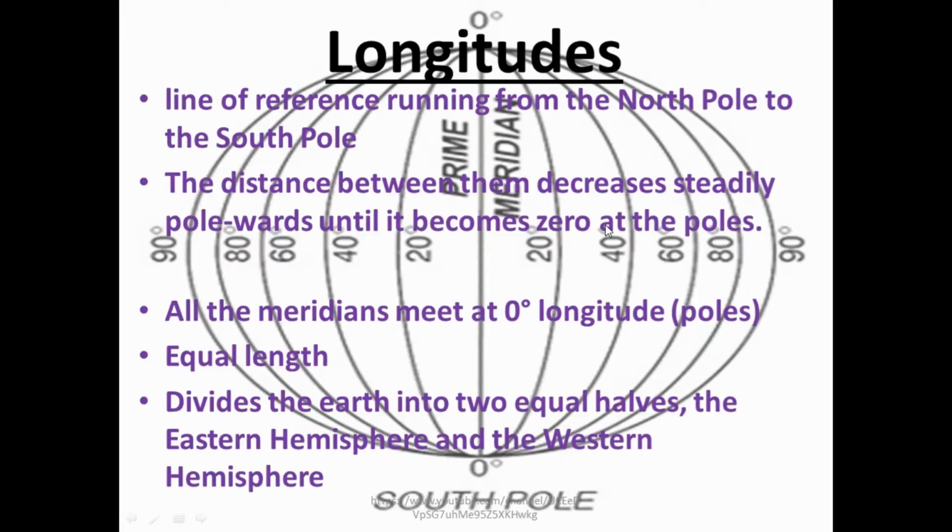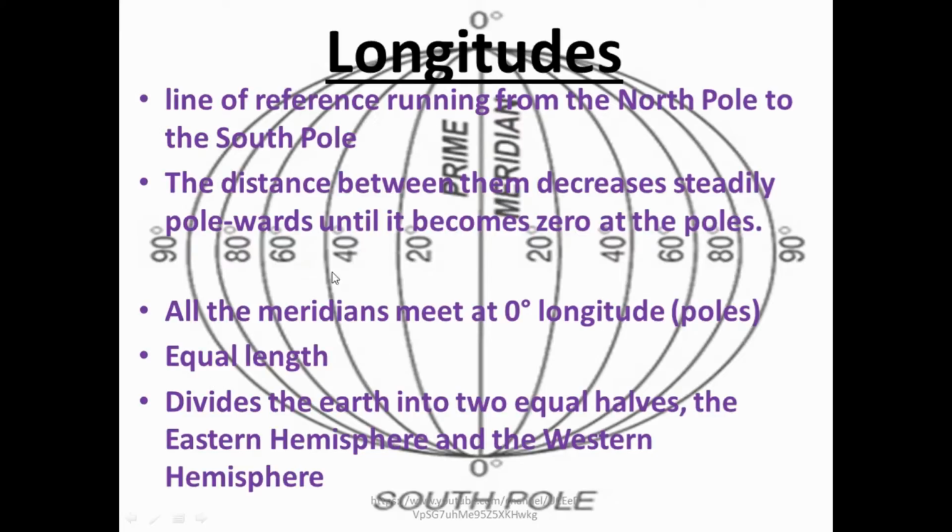Actually, the distance between one longitude and another longitude decreases towards the poles. But we can remember that latitudes, parallels, the name itself says parallel, the distance is equal between one latitude and another latitude. All meridians meet at the poles, but in the case of latitudes, parallels, they never meet.